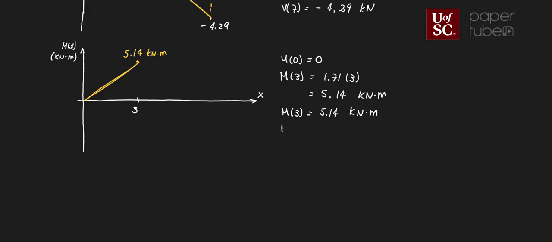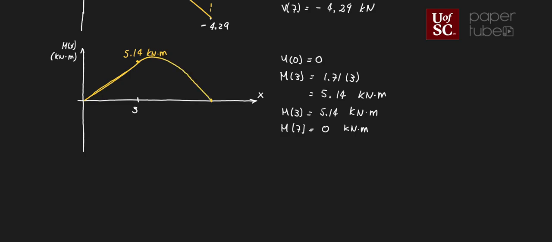And when I did this at 7, that gives me 0 kilonewtons meters. So what I can say based on that is this is going to go somewhere like this. And I apologize that I'm going to have to draw on top of those numbers, but it's going to look something like this.